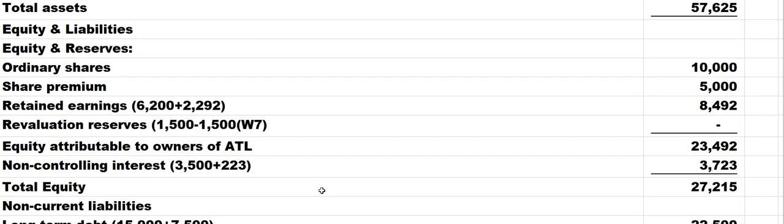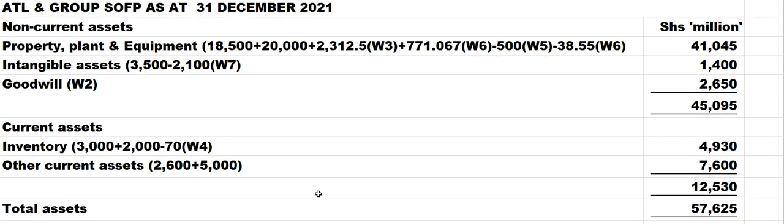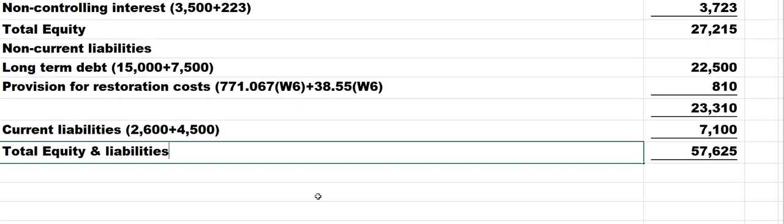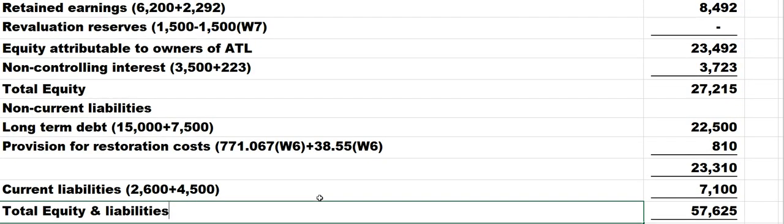So that's the statement of financial position, and then the statement of profit or loss for this question. Question practice is very, very key. Practice makes perfect. These group accounts questions can be complex, so the more you practice, the more confident you will become.